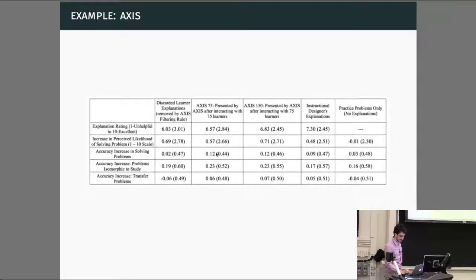And again, I don't think it's significant, but it's saying that the axis policy's explanations are on average actually better than the instructional designer's explanations, and much better than these bad explanations. So the effect is even stronger when you look at how well it impacts the student's ability to solve problems than how useful they think the explanations are. So these are just some results.